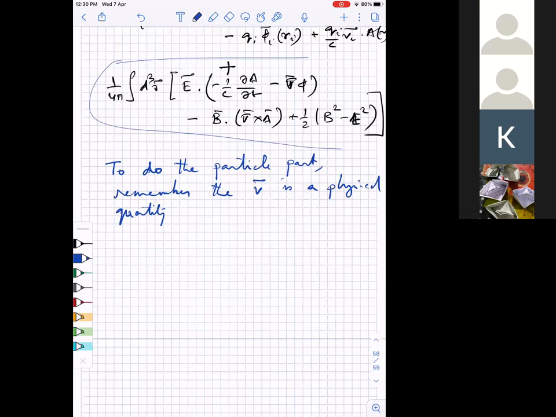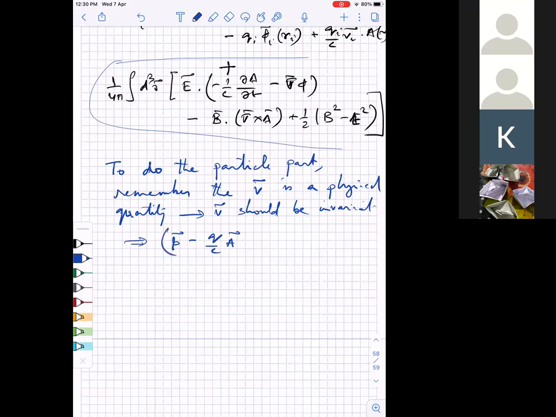If I do some gauge transformation to A and phi, the velocity should not change. It's a physical quantity. It's what things are moving about. That should be invariant. Which basically means, what does it mean? It means that my P minus q by c A, this thing must be invariant under gauge transformation.